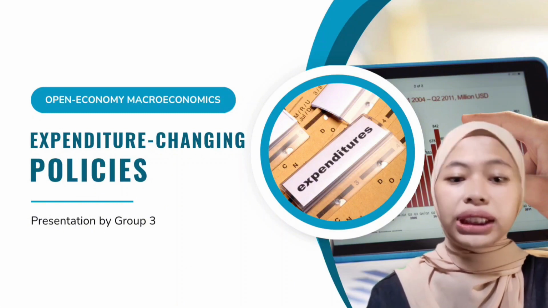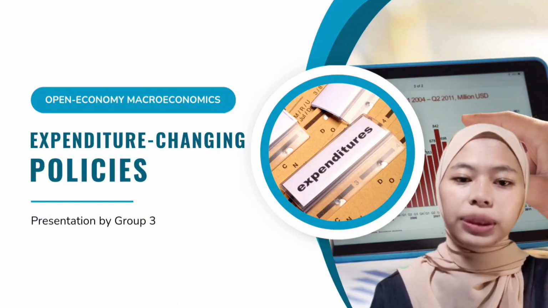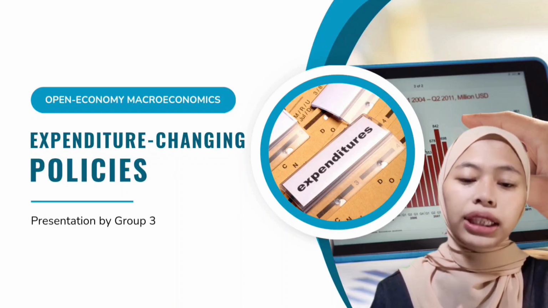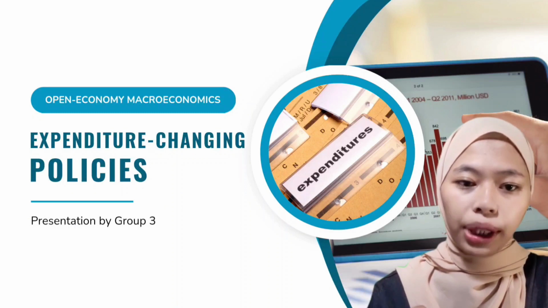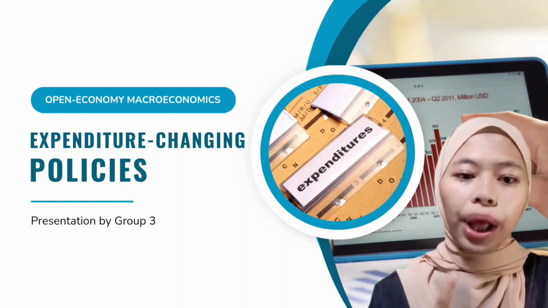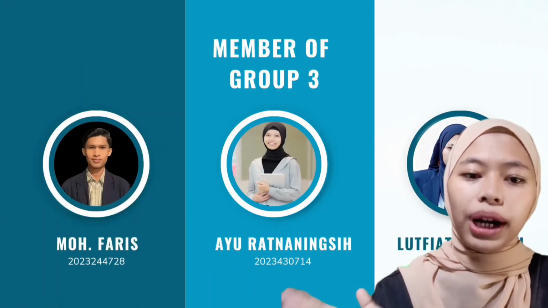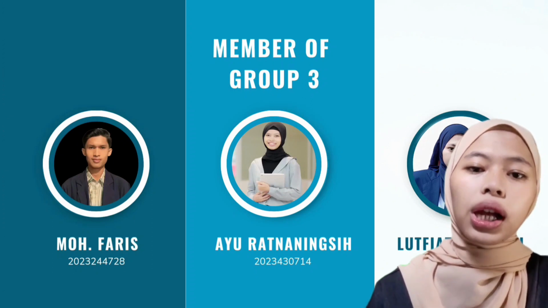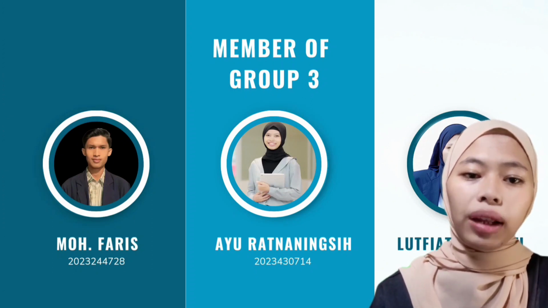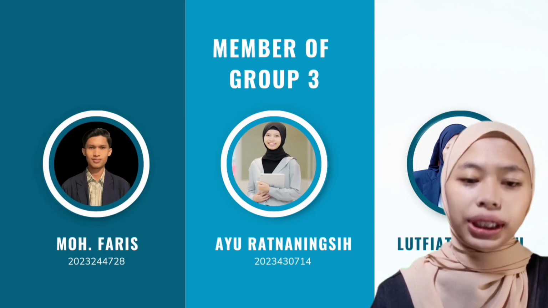Government have a diverse array of policies at their disposal to influence employment and the balance of payment. These policies can be categorized into expenditure-changing policy, expenditure-switching policy, and direct control. Today, my colleagues Faris, Ayu, and I are excited to present to you a comprehensive overview of open economy macroeconomic expenditure-changing policy.